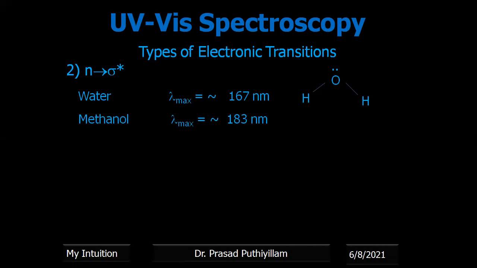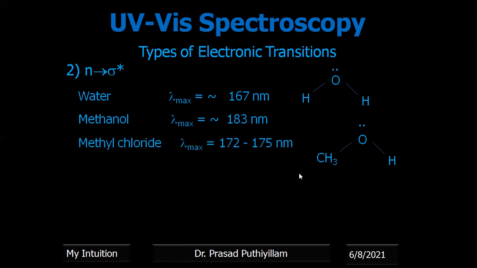For example, methanol absorbs around 183 nanometers. Methanol also has oxygen with non-bonding electrons, two electrons, which we call a lone pair of electrons in common practice. They can also absorb radiation and jump to the anti-bonding sigma star orbitals, or sigma star state.